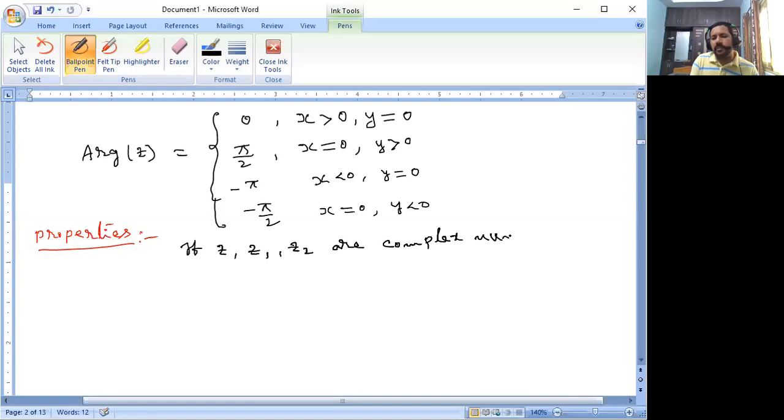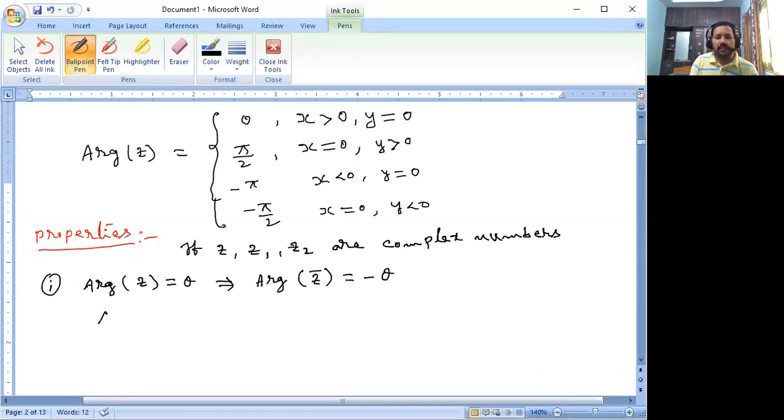First property: suppose argument of z is equal to theta, then argument of z conjugate is minus theta.